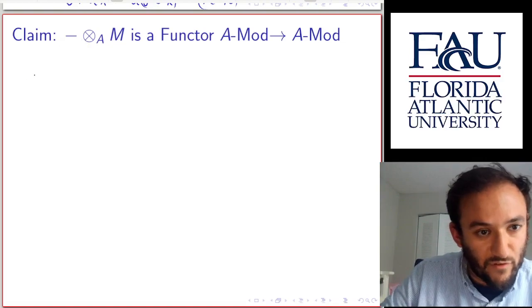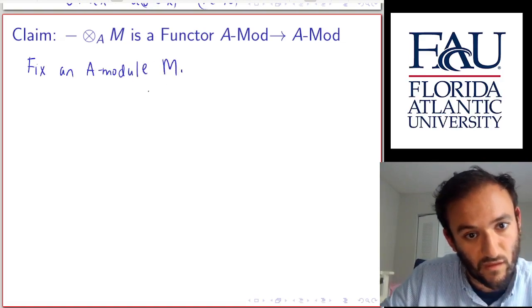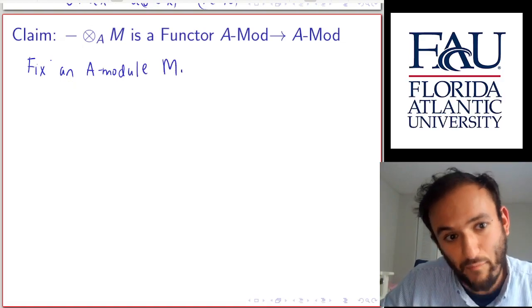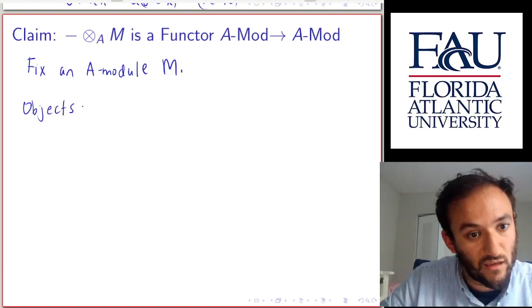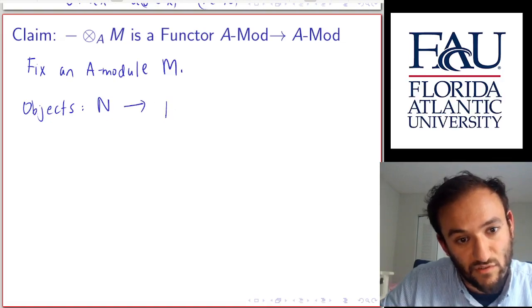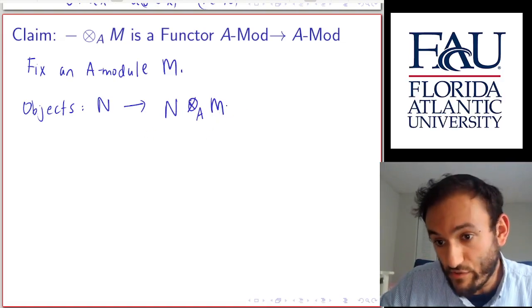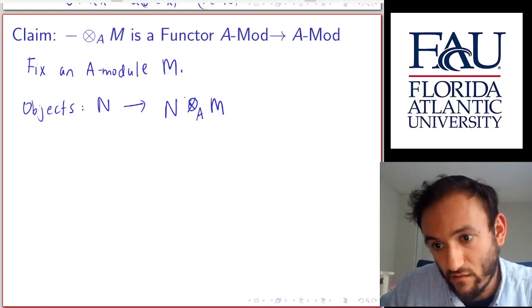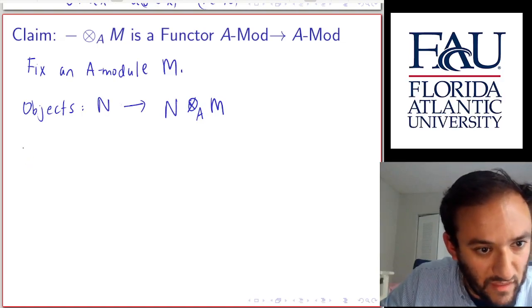And now I'm going to claim that for fixed M, so fix an A module M, then this map, which takes on objects, N, an A module, and maps you to N tensor over A with M, and this is also an A module, right? Because we can scale these elements in either coordinate, giving the same thing. Okay, how about the morphisms?